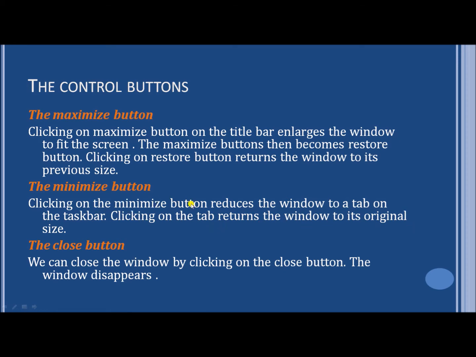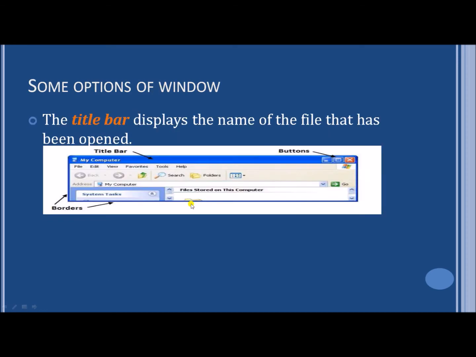That means if your window is either on half screen or fitted to full screen, when you click on this button, it will move down to the taskbar at the bottom of your desktop, making a tab instead of a window.